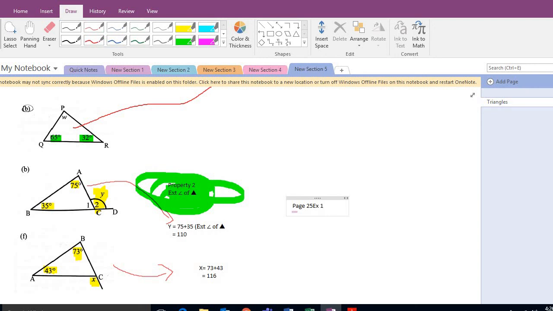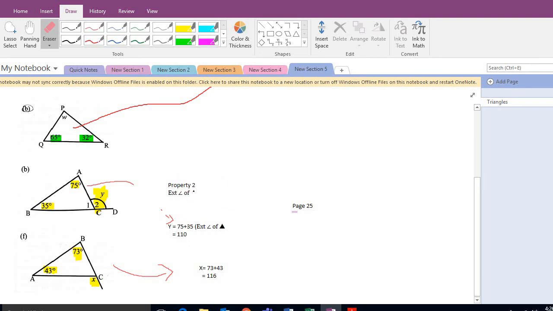Page 25 is where you'll find your properties, but you can just use the properties that I've shown you here. You have to write property 2 in words. You'll see them on page 25 in gray.